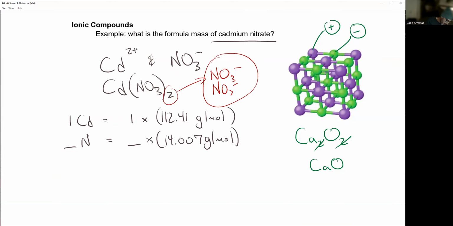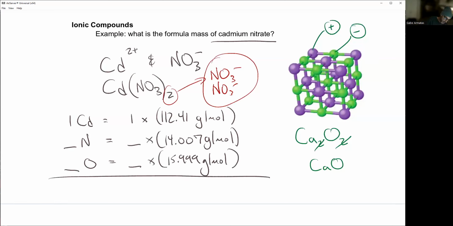And then how many oxygens do I have? Times 15.999 grams per mole. Okay, so plug in these two numbers here for nitrogen and oxygen, and then figure out the molar mass of cadmium.